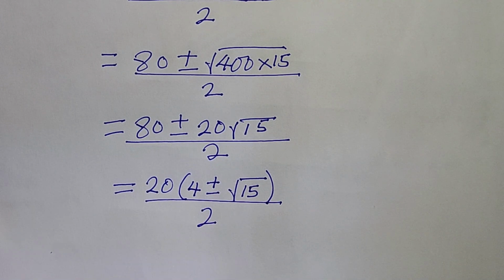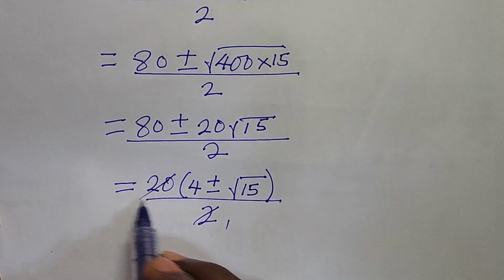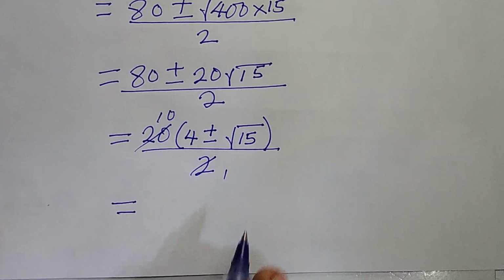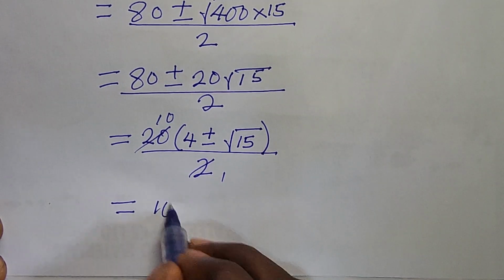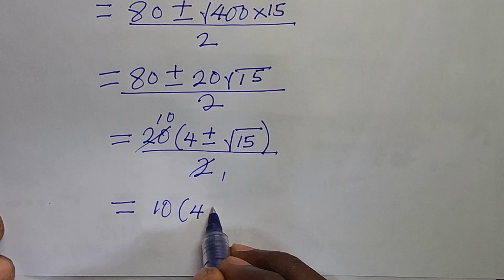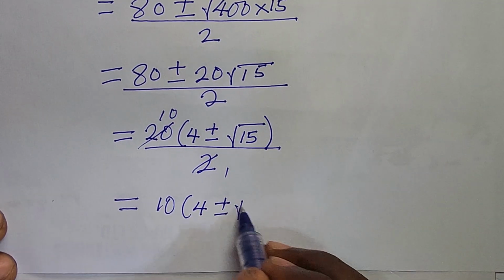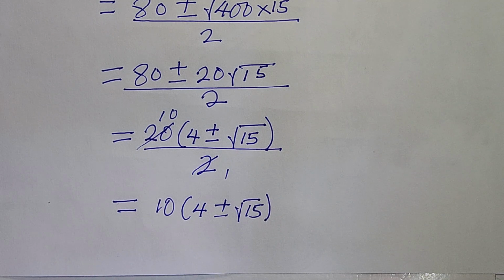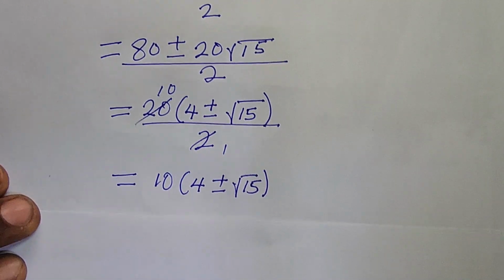Easy. Then something can strike out here. 2 here, 1; 2 here, we have 10. So we now have x to be equal to 10 into 4 plus or minus the square root of 15. We have x1 and x2 from this challenge so far. So let's go ahead and bring out the values of x1 and x2.